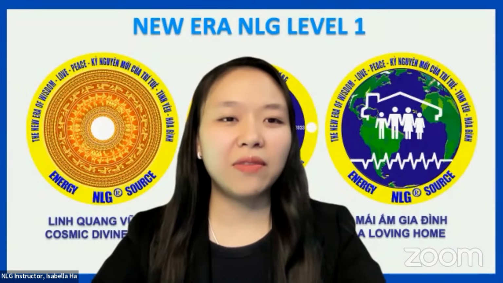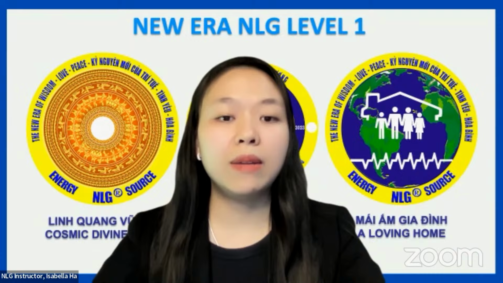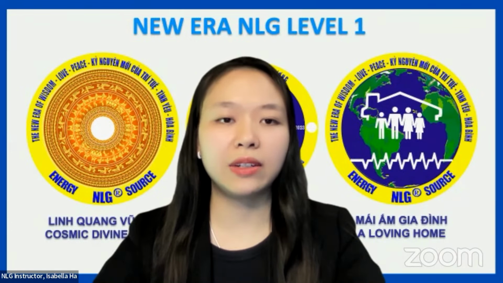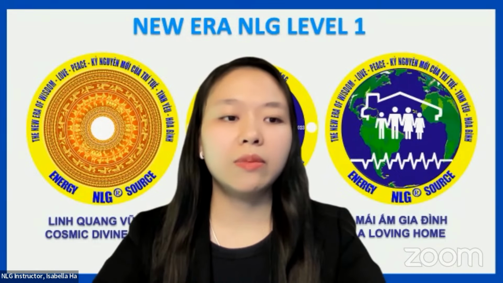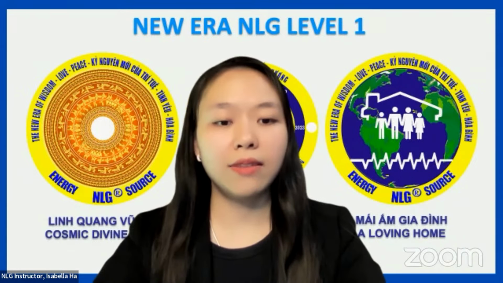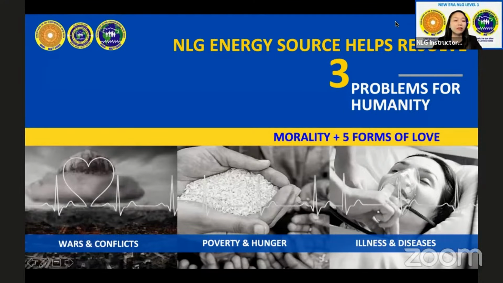All right, so I'll take it from here, and I'll explain to you a bit more about this content, okay? And let's move on to the 3 challenges, as Mr. Lin mentioned earlier. So the things that we, of course, would like to have in our life are fulfillment, contentment, happiness, a happy family, great relationships. But the majority of us, if not all of us, certainly struggle with these 3 challenges.